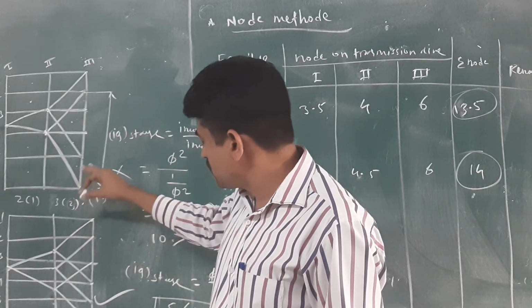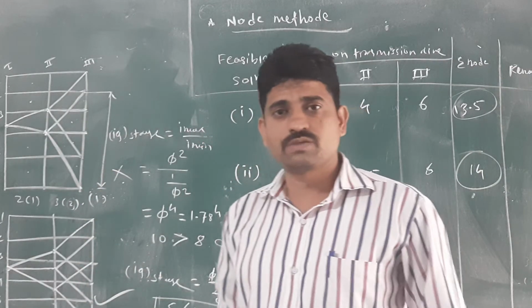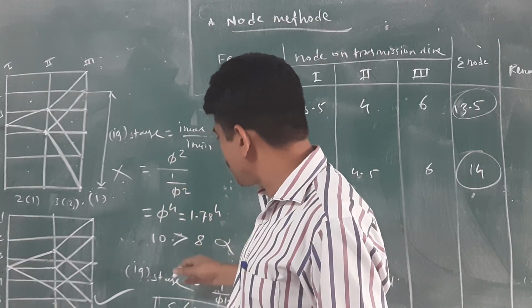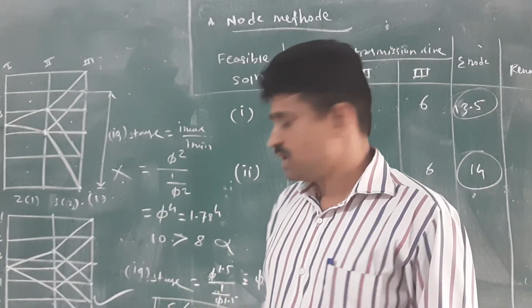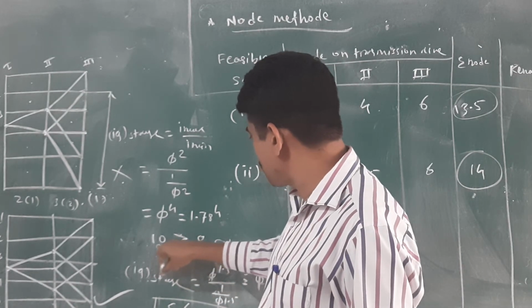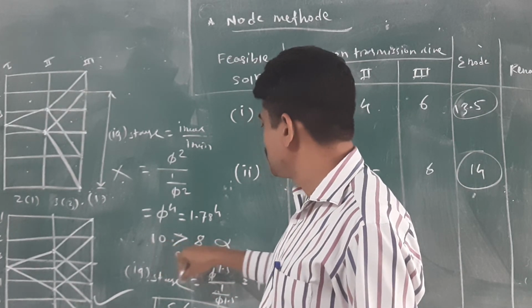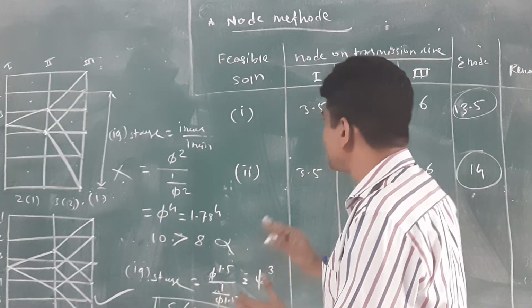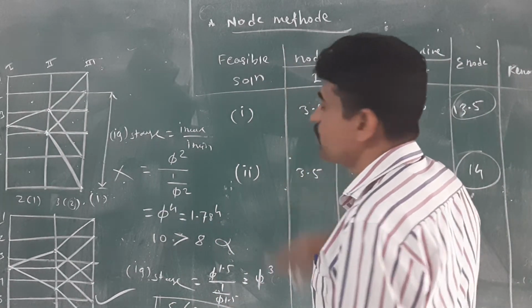Suppose you get 4 feasible solutions, and the IG stage is also feasible. Suppose here they have given 4.56, less than 8. This condition is also satisfied. Then after that you have to go to the node method.